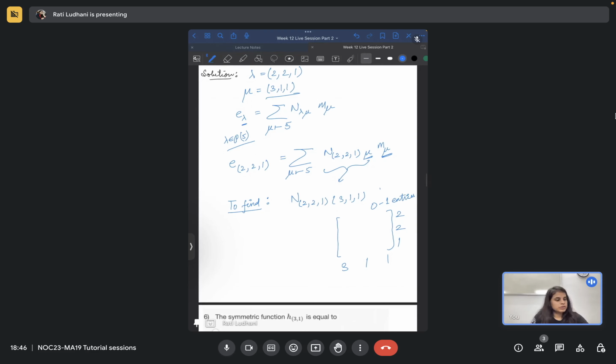Okay, so let's try to do that. As you can see, we have 3 rows and 3 columns. What we are sure about, this is 3. So that means these 3 entries must be 1, 1, 1. Exactly. Because 0 1 entries are allowed, we cannot go beyond 1. So it cannot be 2 1 0. So we have just one possibility, that is 1 1 1.